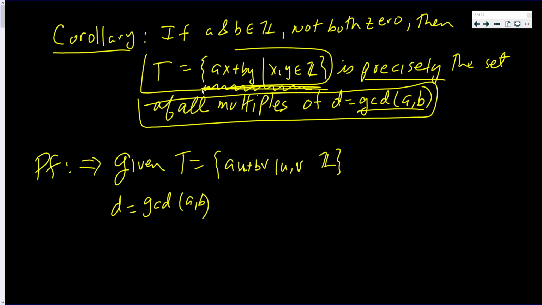Okay. Now the GCD is some linear combination of a and b.